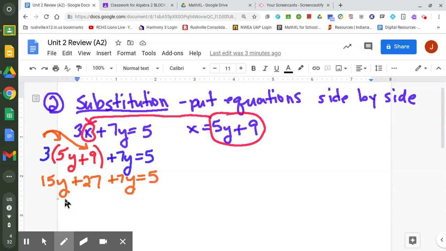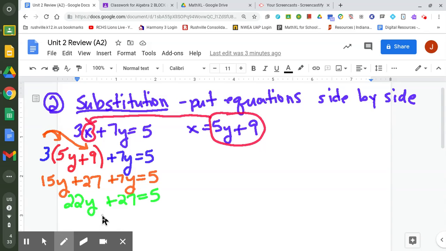And at this point, I should only have the one variable. I have a 15y and a 7y, but they're both just a y. So I need to combine those. So 15y plus the 7y would give me 22y plus 27 equals 5.